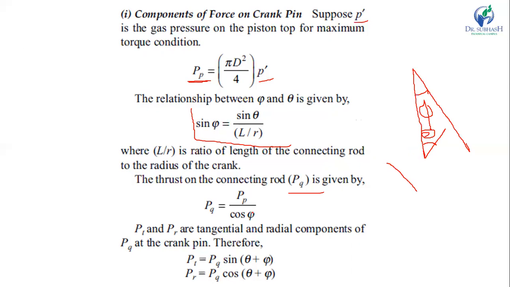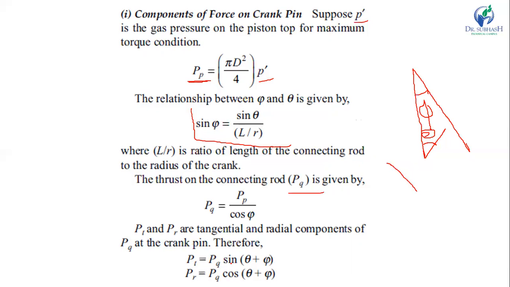Now there are two components of this PQ at the crank pin, the tangential and radial components, given by PT equals PQ sine theta plus phi, and PR equals PQ cos theta plus phi. So these are the different components of force on the crank pin: PT, PR, and PQ.